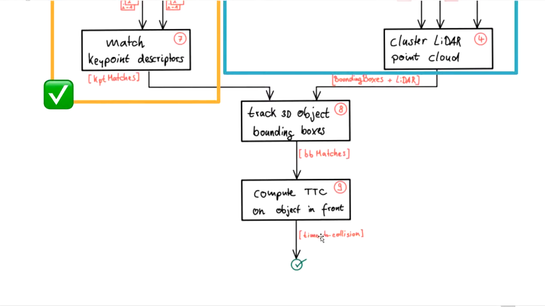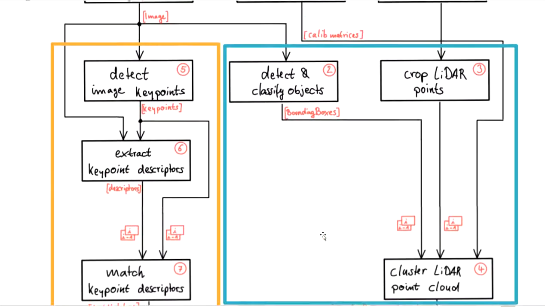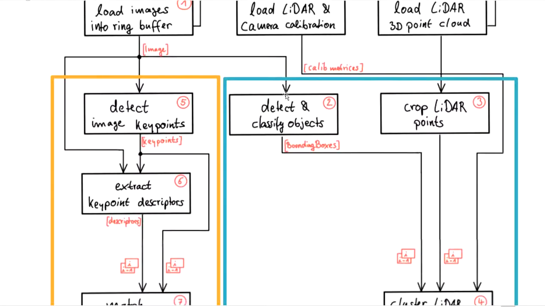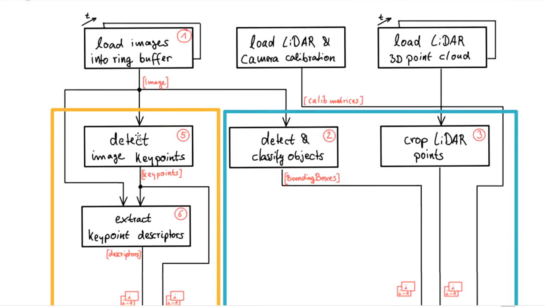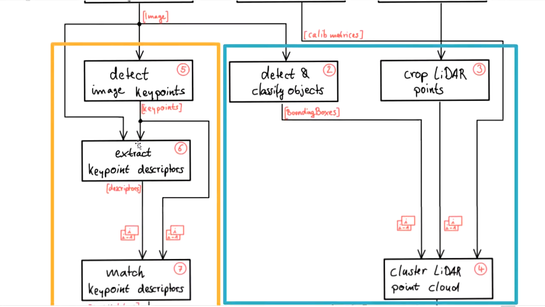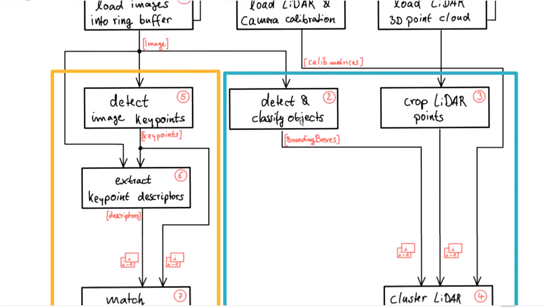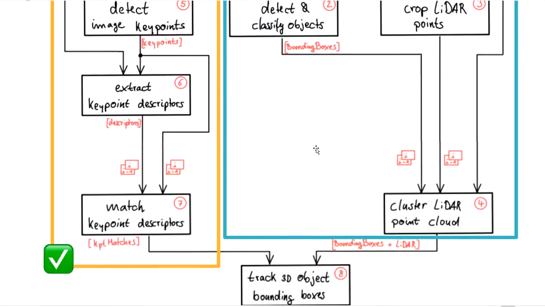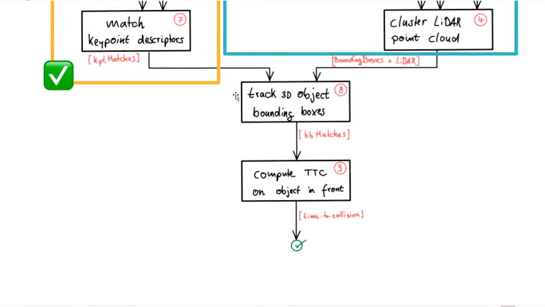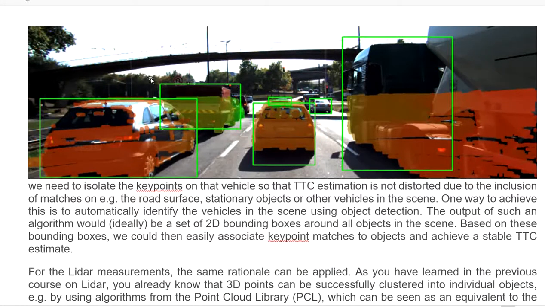For example, the car. And the second thing, we understand why we use the lidar points right here, why we use the camera, why we need the image key points, and why we need the object detection here. Okay, remember that. And you can see this result. The color on the image in the bottom box is the lidar data points.